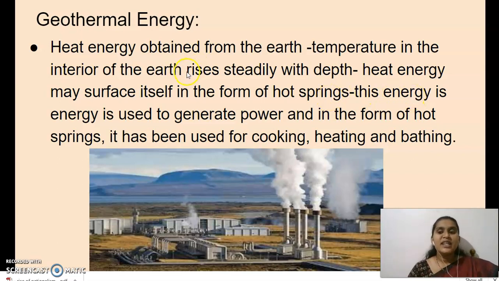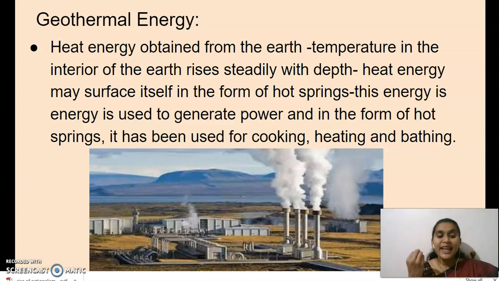This energy is used to generate power, and in the form of hot springs, it has been used for cooking, heating and bathing. So finally, what happens when we go deeper? The temperature will be more.